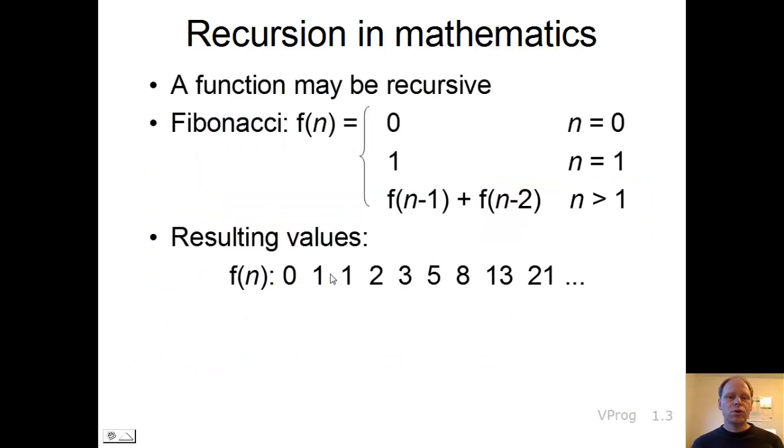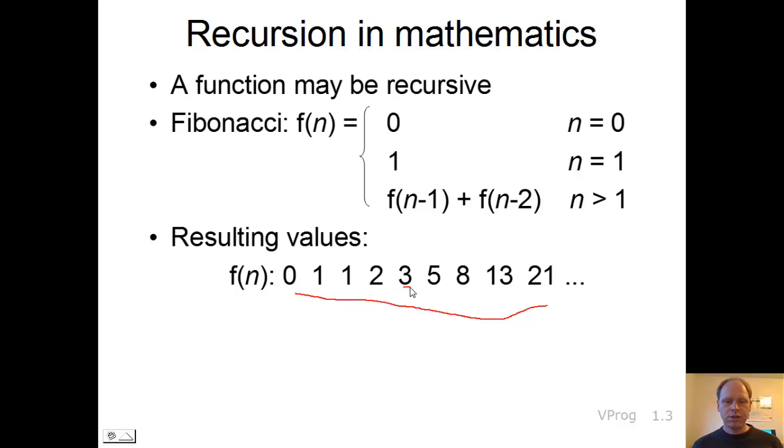Before I show an example of a recursive algorithm, I will first show a recursive function in mathematics. The most famous one is the Fibonacci function, which generates the Fibonacci numbers. Here you can see the first few Fibonacci numbers. As you may see, each number equals the sum of the previous two numbers.